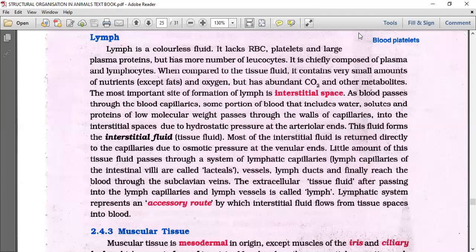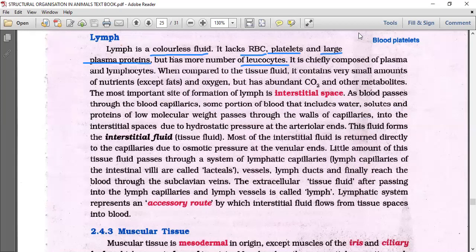Lymph is a colorless fluid; this is the property of lymph. It lacks RBC, platelets, clotting factors, and large plasma proteins like albumin. But it has more leukocytes. Every sentence we are making here, you can understand from the story.